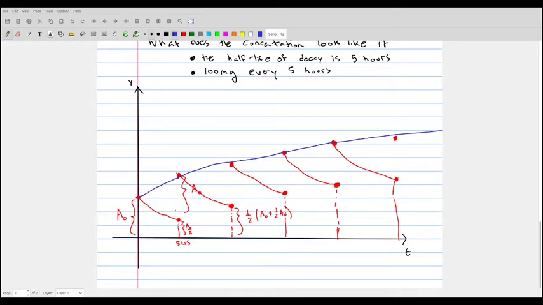And the reason that's kind of a problem in some sense is that we need to make sure that this max concentration stays below any toxicity threshold for the drug. At some point, maybe we'll say this value right here, call it MT, for toxicity threshold.